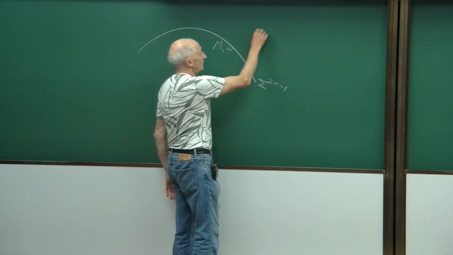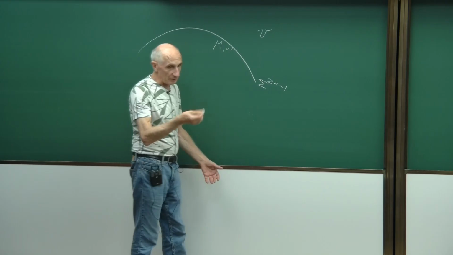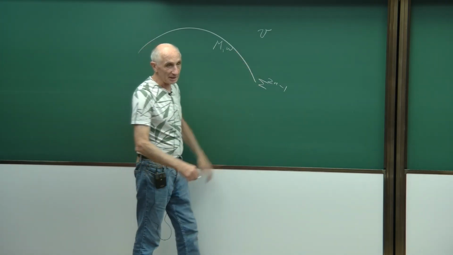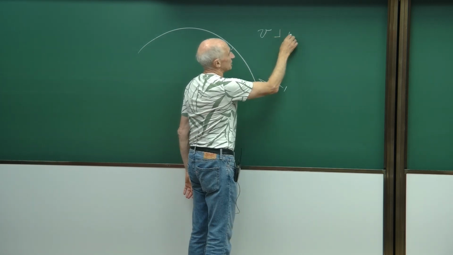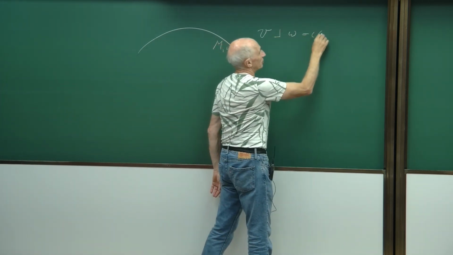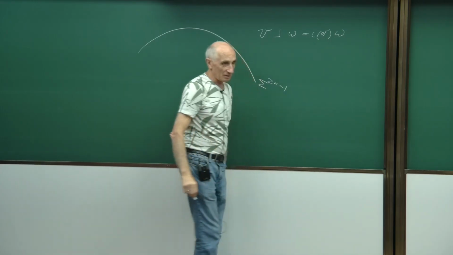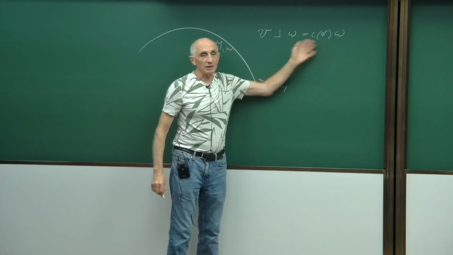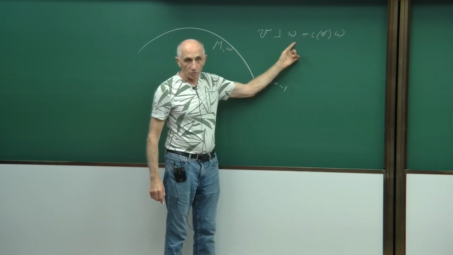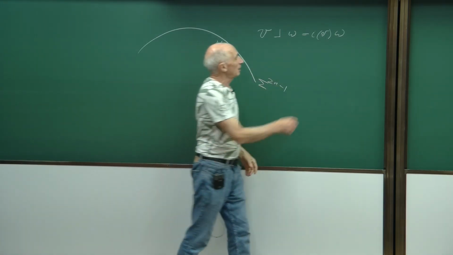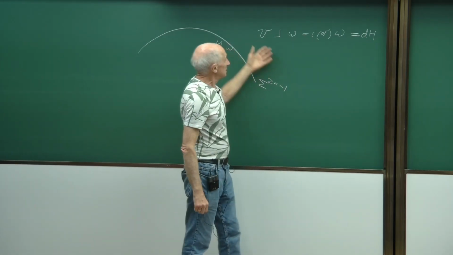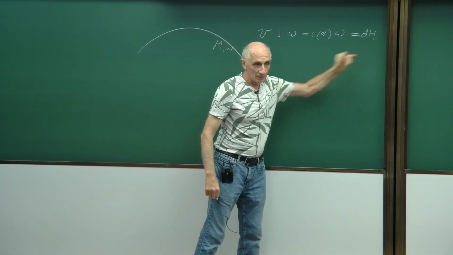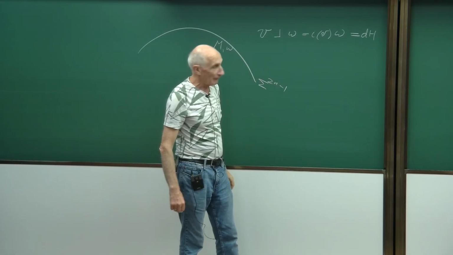The general definition says that if you take the contraction, or interior product, of omega with V, the dual one-form to V, and this is a differential of a function, then such a vector field is called a Hamiltonian vector field.